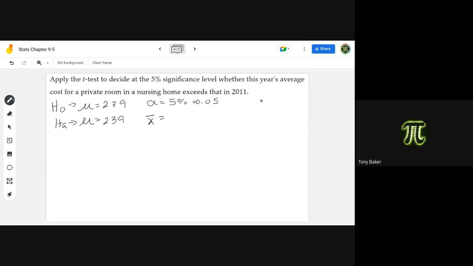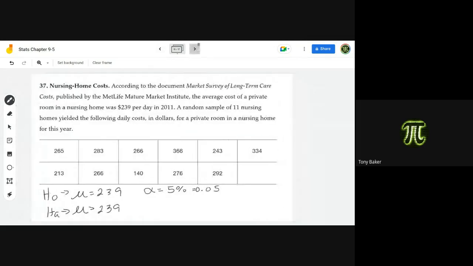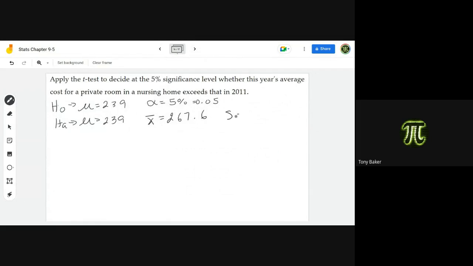All right, so what was our mean? 267.6, right? Yeah, because I think it was 1 place, right? All right, what was our standard deviation? 59.05. That sound right to others? I didn't do it, so I'm just going off of you guys. All right, so now we do our t.